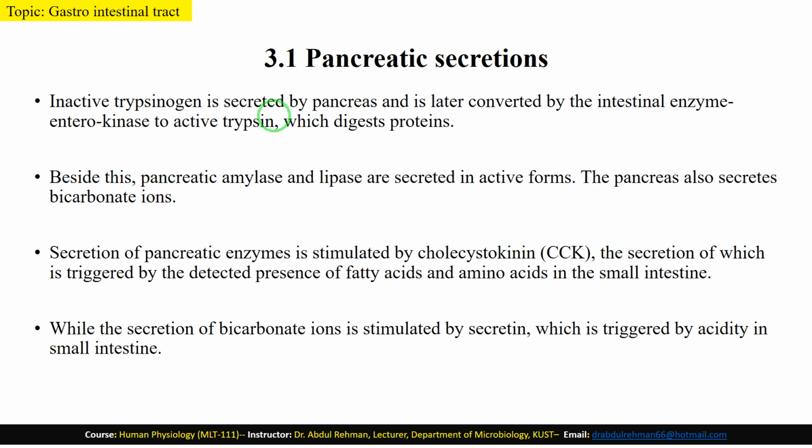What does it mean? Whenever a high concentration of acid comes from the stomach to the intestine, this acidity stimulates the secretion of bicarbonate ions. As a result, the acidity of the small intestine is relieved.